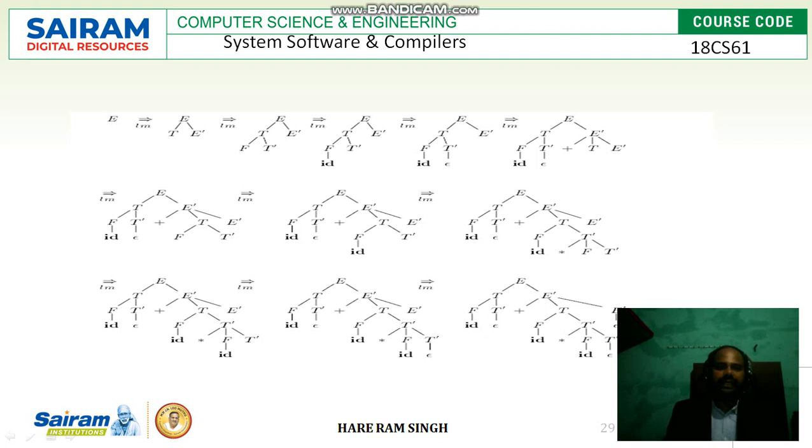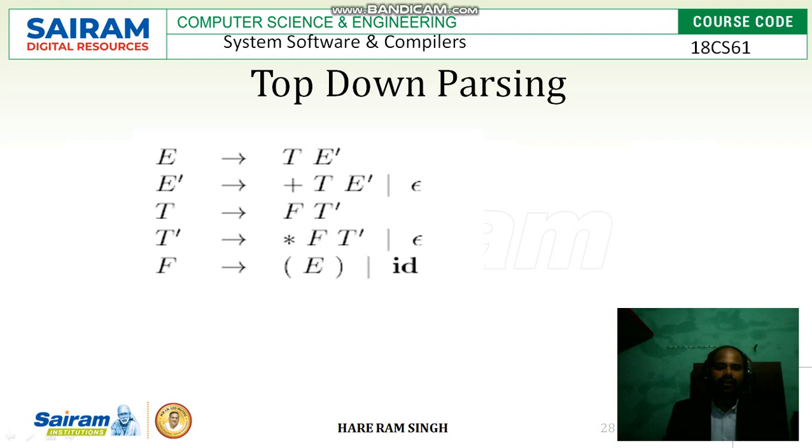Then next is T'. T' has two productions. One is *FT' and another is epsilon.